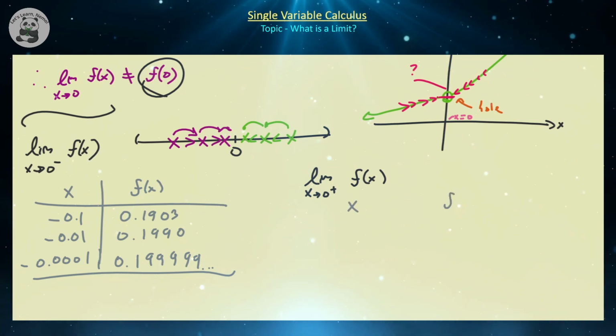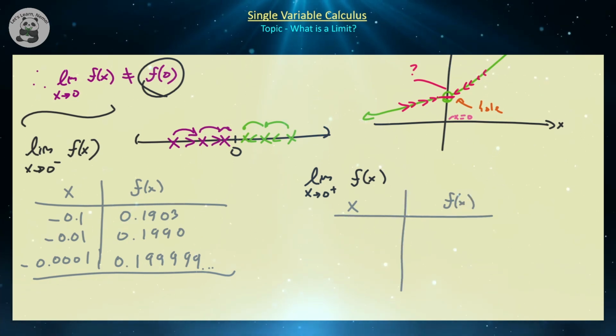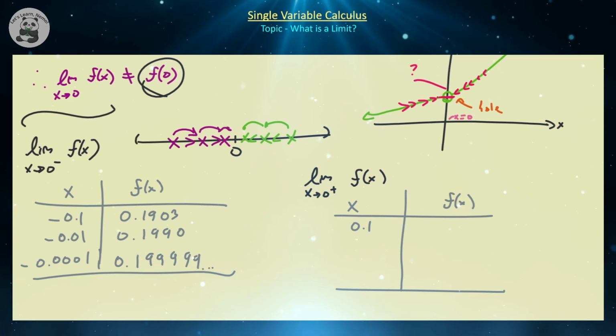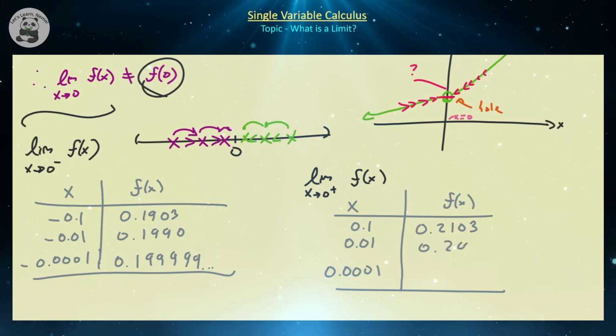So I'm going to pick a number slightly bigger than 0, so 0.1 is a good number, 0.01, and say 0.0001, almost like a mirror image. For the f of x values, you can find that they're approximately equal to 0.2103, 0.2010, and 0.2000 and so on.